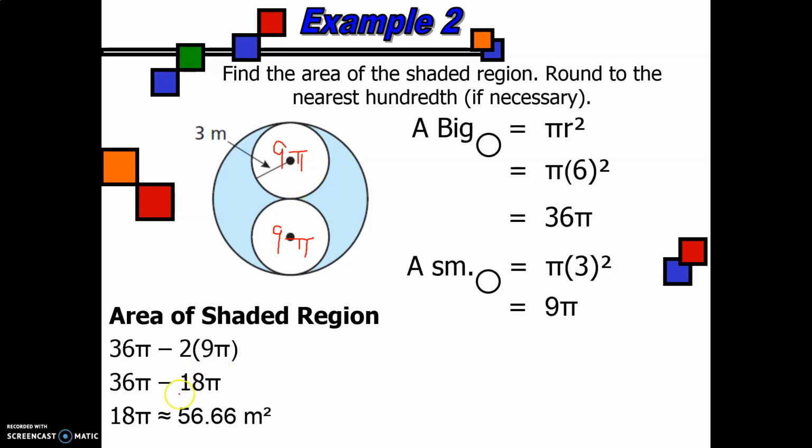Now you take away the area of those 2 circles, which is 18 pi, and you will be left with 18 pi. Now here is where you can go ahead and actually use your pi button on your calculator, and you'll end up with 56.66 square meters for the area of your shaded region. So that part in light blue will be 56.66.